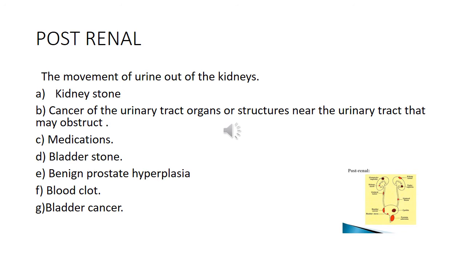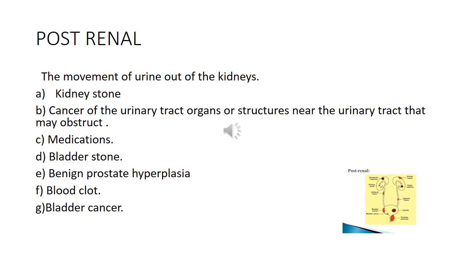The second factor is post-renal factors. These structurally affect the whole urological system. In the urological system, it mainly affects the kidneys, urinary bladder, and urethra. The main problem is associated with the movement of urine out of the kidney. It may be due to kidney stones, usually on one side or on both sides.